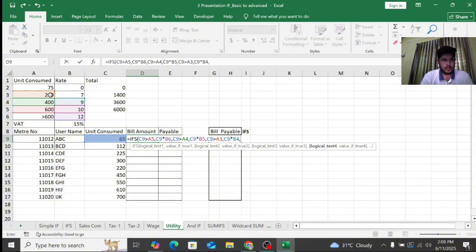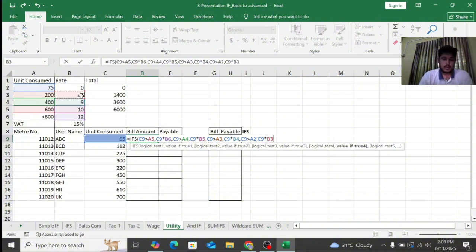Then if our unit consumed is more than 75, our amount will be 7 taka.